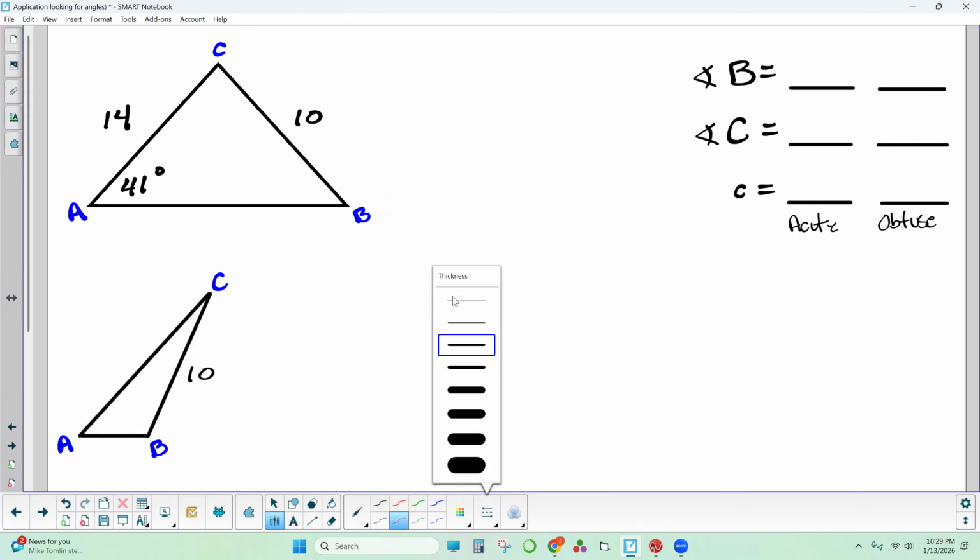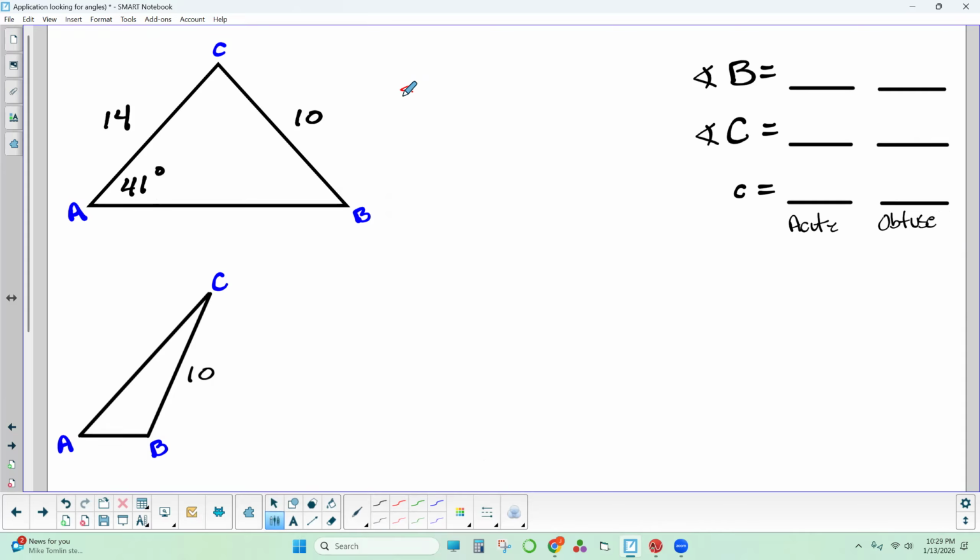I'm going to use the sine of 41 degrees over the opposite side, 10, equals the sine of B over its opposite side, which is 14. Okay, so that's the law of sines.